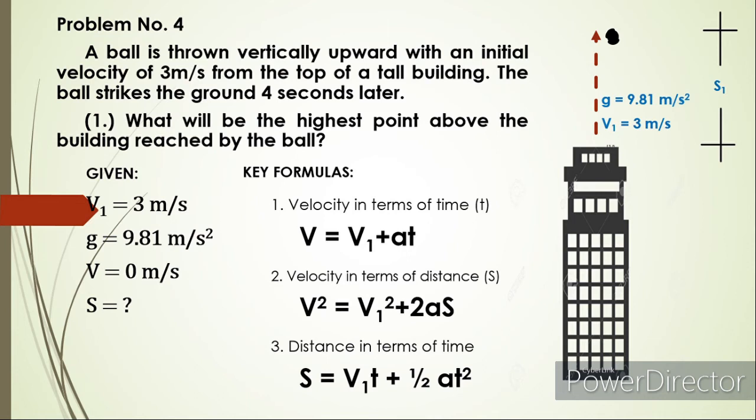Kaya ang final velocity natin ay 0 meters per second. We're looking for S. Since given si V1, given si G or A, given din naman si V final, so we can use formula number 2, which is V squared is equal to V1 squared plus 2AS.